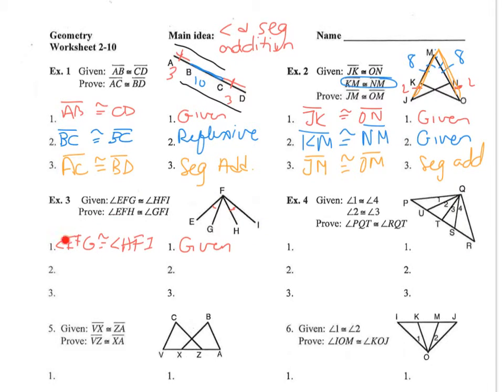Right here it's dead because it's congruent. And so I'm looking for vertical angles. I don't have any vertical angles, so now I'm looking for a reflexive property. And I can say in that middle that angle GFH is congruent to itself. So I would say GFH is congruent to GFH by the reflexive property.